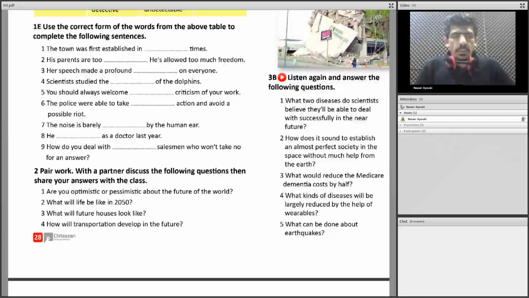Question 1. Are you optimistic or pessimistic about the future of the world? Optimistic means having positive views or seeing the bright side of the matter, and pessimistic is the opposite, having negative views and seeing the dark side. What will life be like in 2050? What will future houses look like? And how will transportation develop in the future?